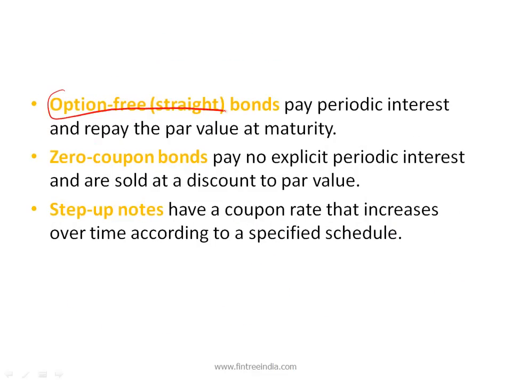Now, there's something called option-free bond, which are also called straight bonds. Now, the best way to understand this is to first understand what are option-embedded bonds. So there might be two possible categories of option-embedded bonds. Embedded means that those bonds are in a way combined with a certain set of options.